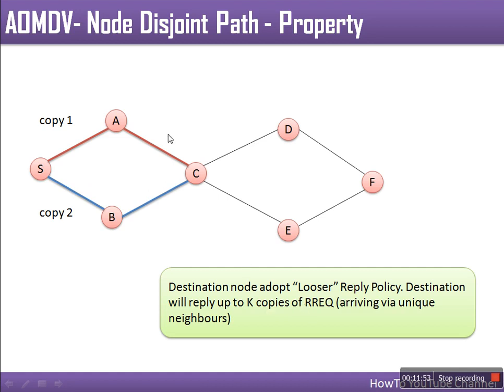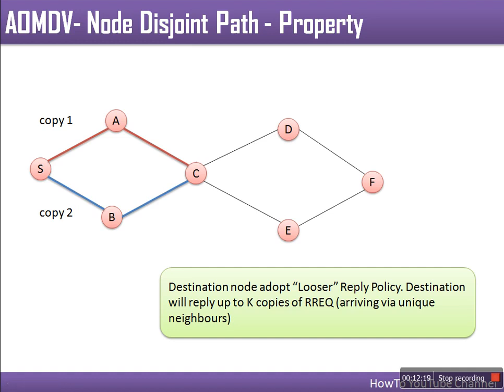So here, if we consider this scenario, node S broadcasts its route request query packet. We are denoting it copy 1, and this is copy 2. It will be sent to A, it will be sent to C, and this copy 2 goes via B to C. So C is receiving multiple copies of the same route request query.